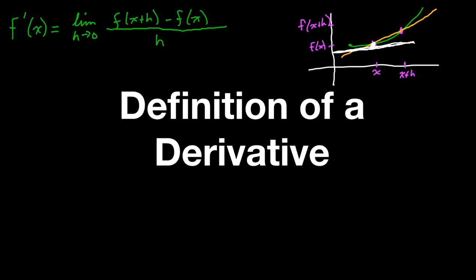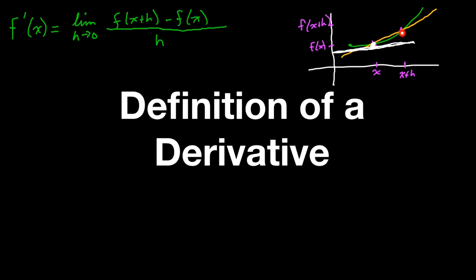And as this point moves closer to the other point, but still stays separate, this orange secant line will become more and more like the tangent line.